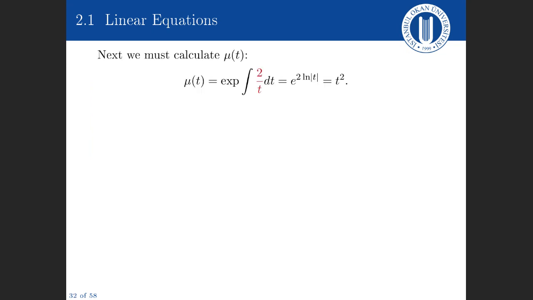We need the integrating factor. And the integrating factor is the exponential of the integral of p(t). That's the exponential function of the integral of 2/t dt, or e to the power 2 ln|t|. Rearrange this, we get t². For this differential equation, we want t², so we multiply the differential equation by t².